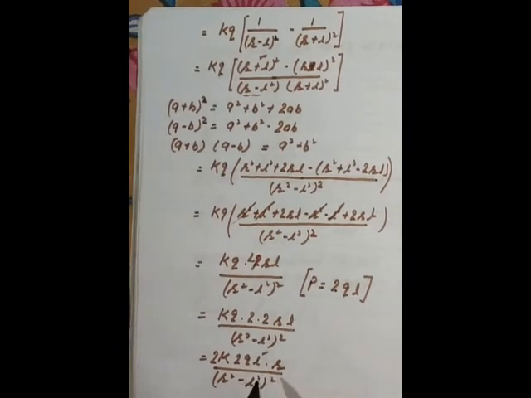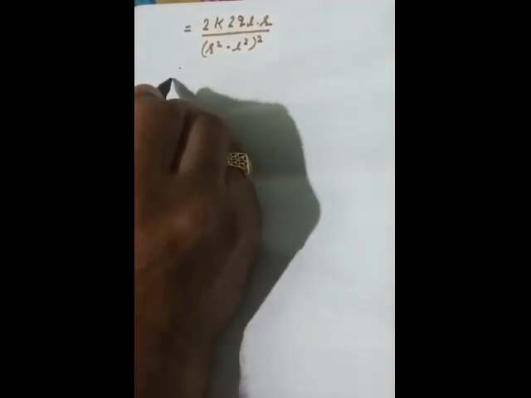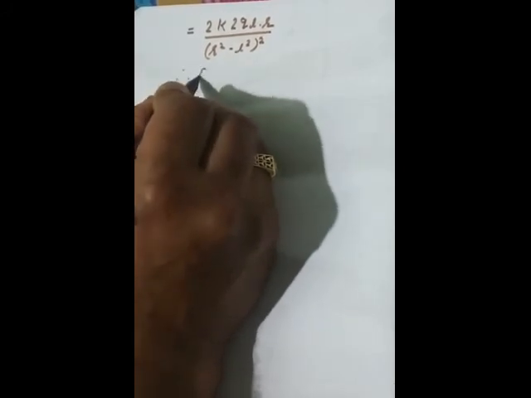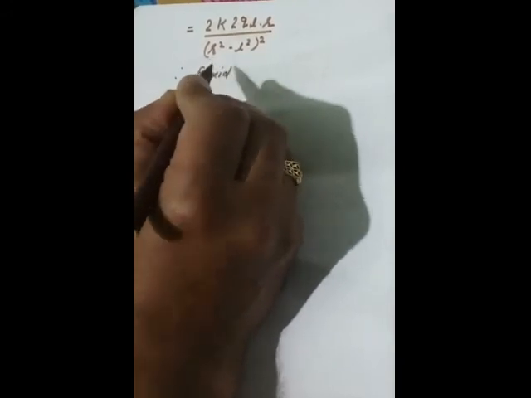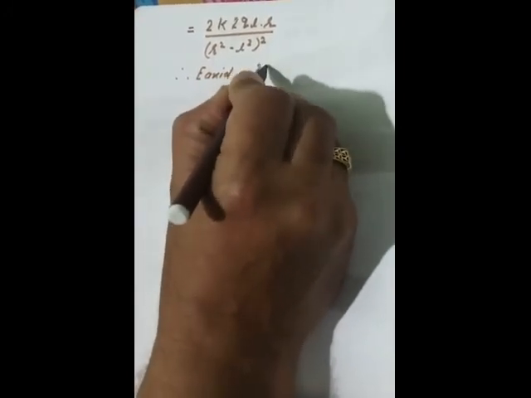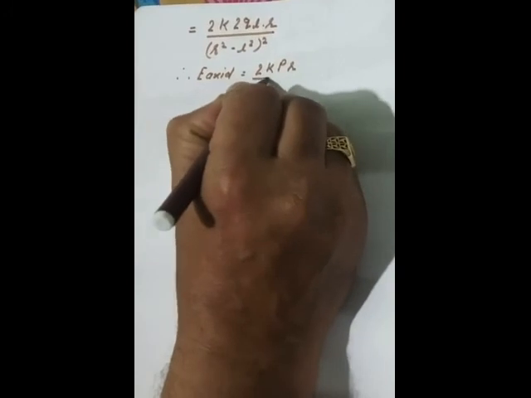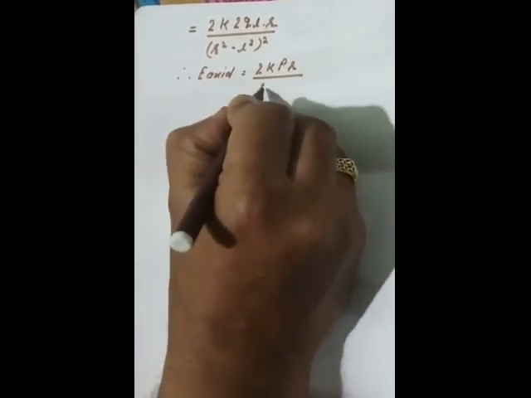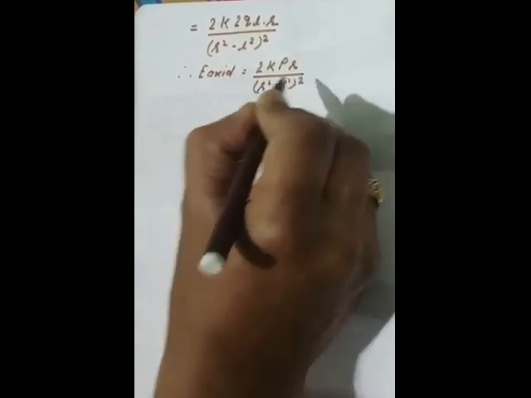In place of QL you can write P. In place of QL we can write, therefore electric field at axial position equals to 2KPR upon R square minus L square whole square.